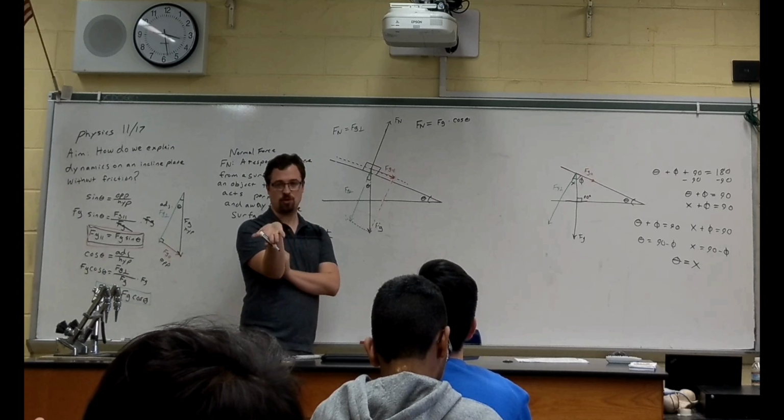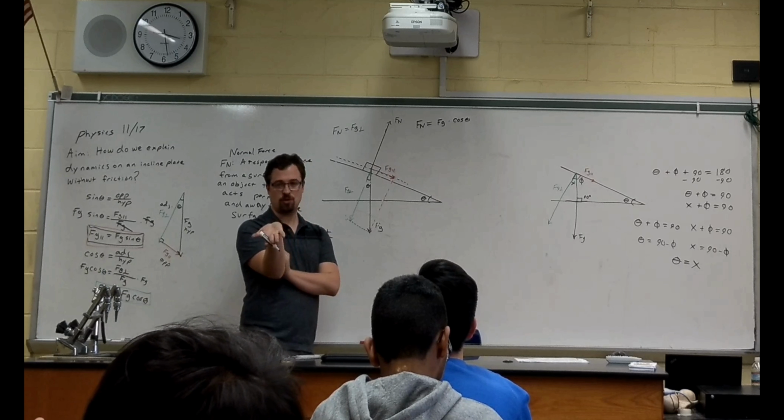Let me say m was 10 kilograms, and theta was 20 degrees. That was from the entry test, right? So we get 10 kilograms times 9.81 newtons per kilogram times the cosine of 20 degrees. So what do we get?